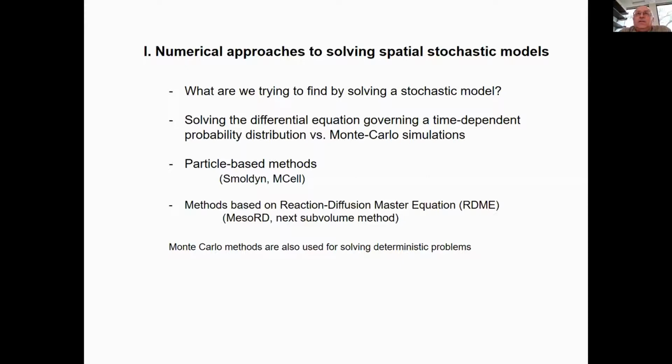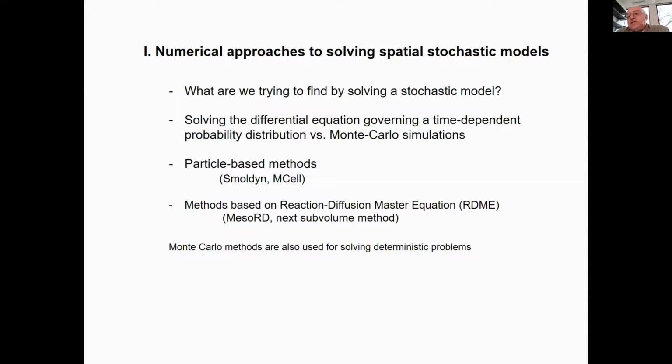Now, you will have reactions, and diffusion steps are also treated like a reaction step where you destroy a molecule in one subvolume and create a molecule in the neighboring subvolume. So your stochastic steps now include real reactions, and also auxiliary reactions that represent diffusion steps when a particle crosses from one subvolume to another subvolume.